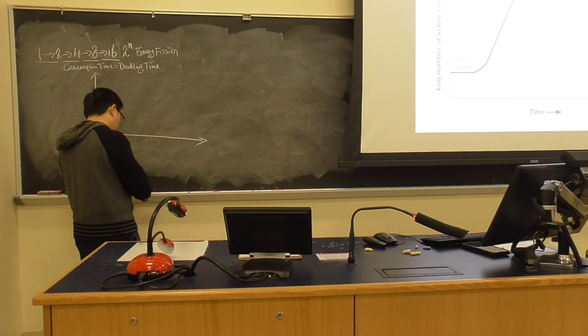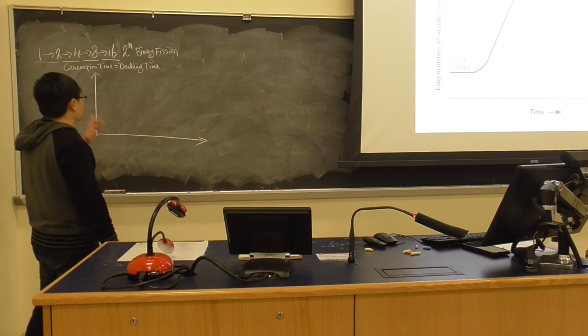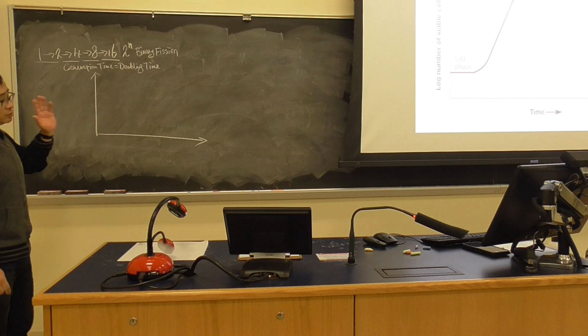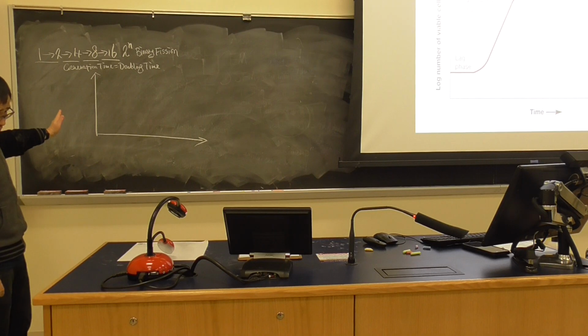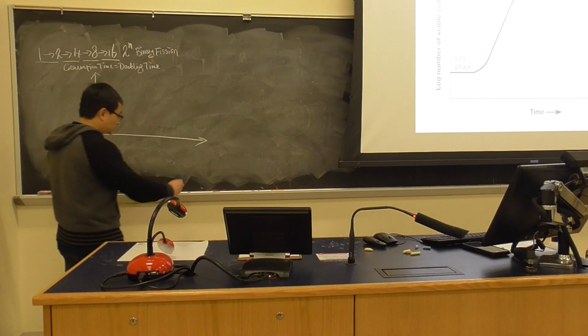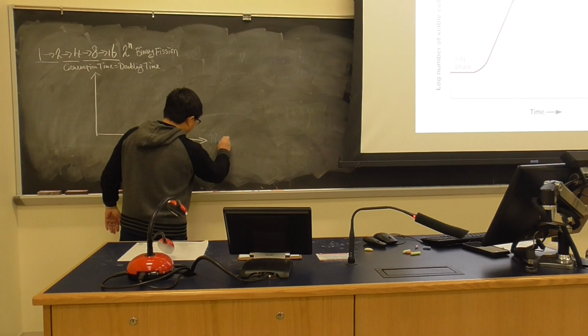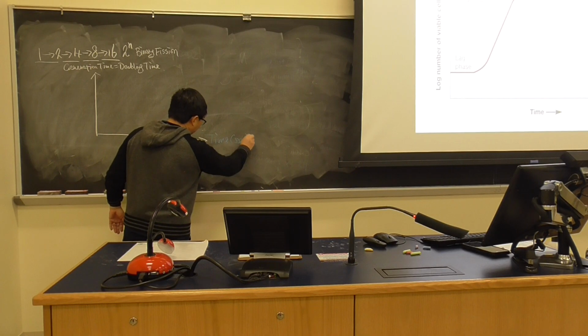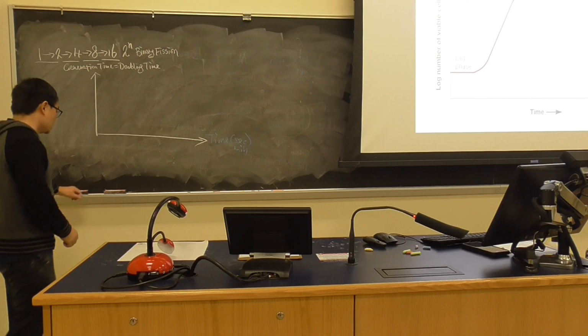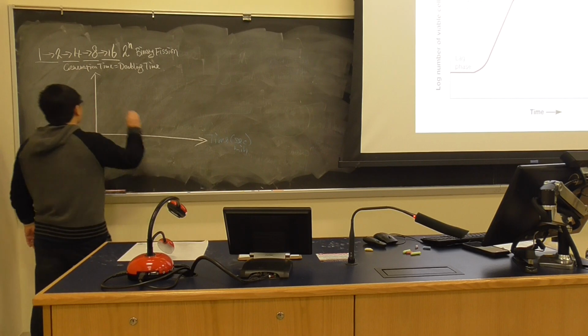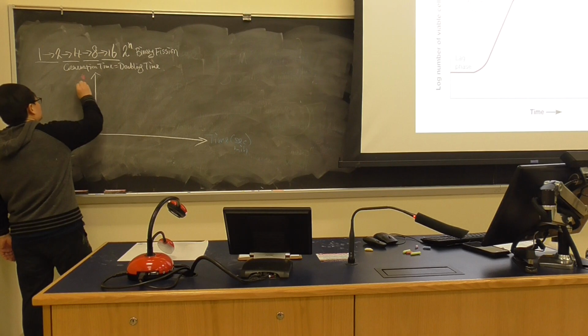There are certain stages. When you draw a bacterial growth curve, first make sure you label the x-axis and the y-axis. The x-axis is time, often in seconds, minutes or hours, depending on the type of bacteria. And the y-axis is the population, CFU per ml or cells per ml.